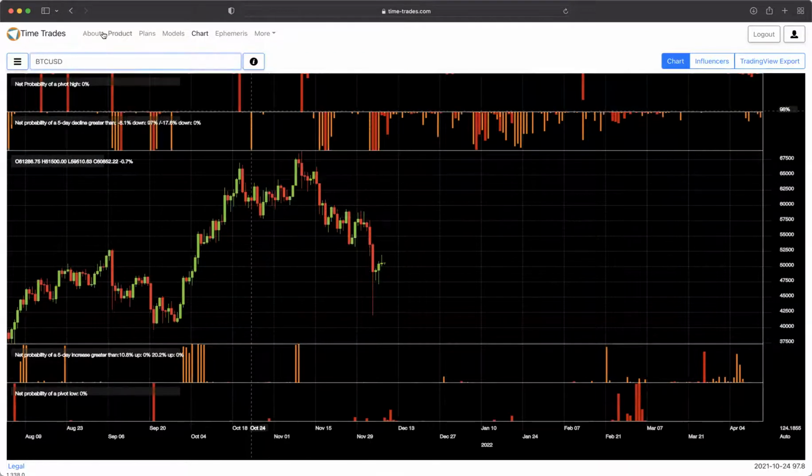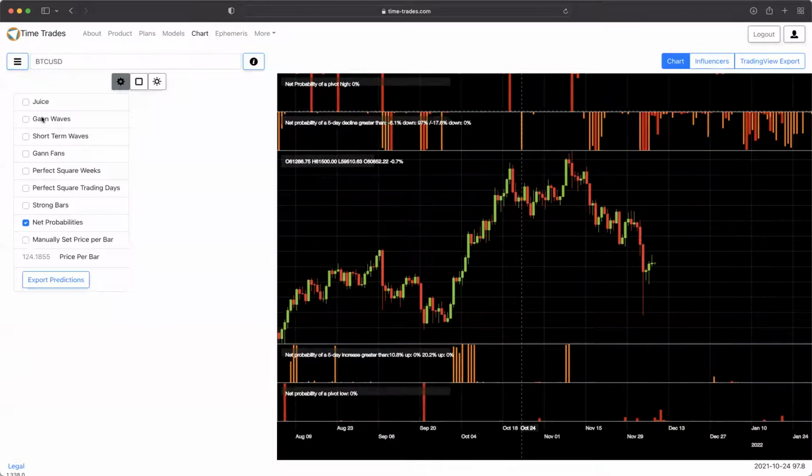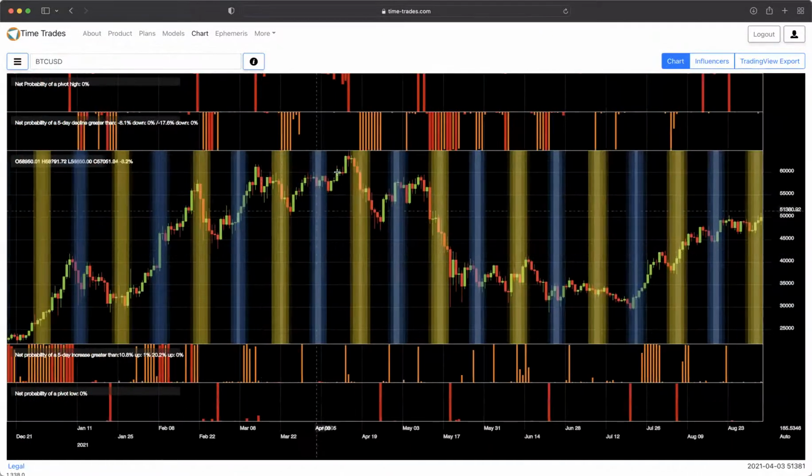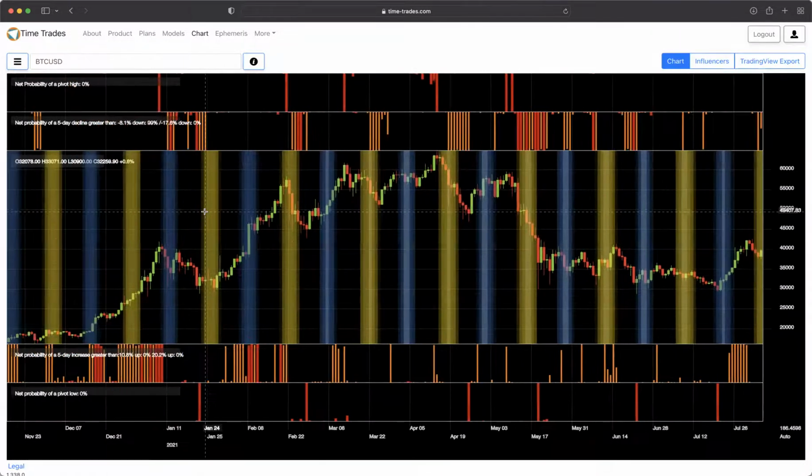If we turn on Gan Waves and go back to the price high here in April of 2021, you can see that there's a pretty consistent pattern here of highs during yellow. So we made a low during yellow here back in January, and then a high during yellow.